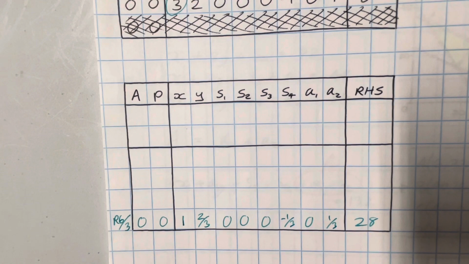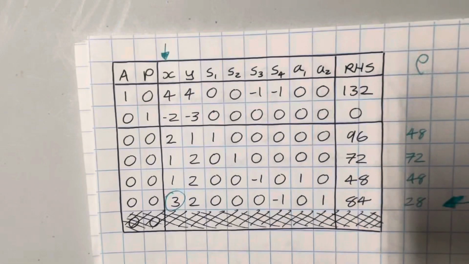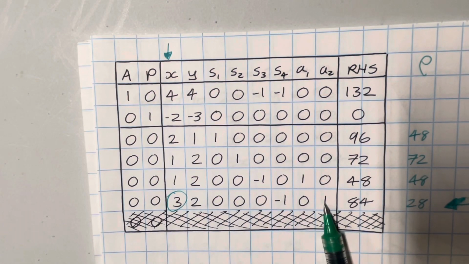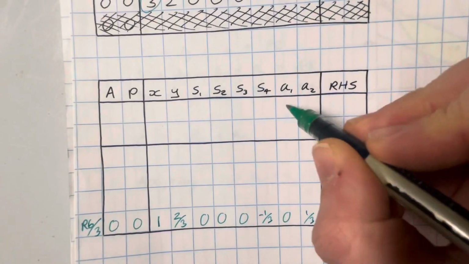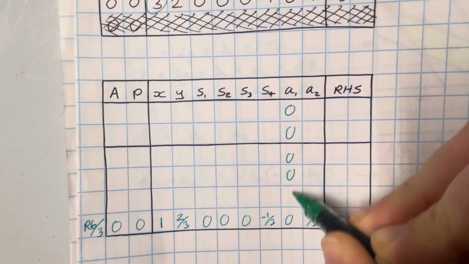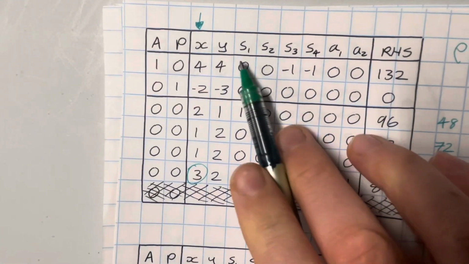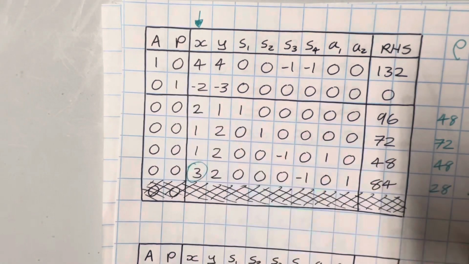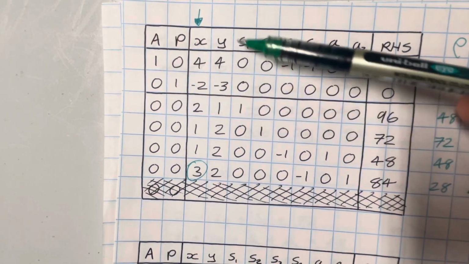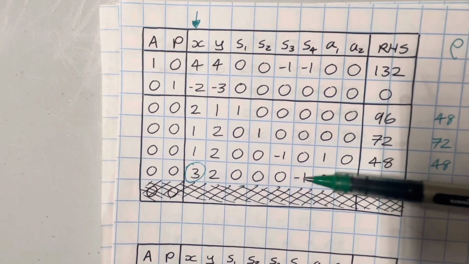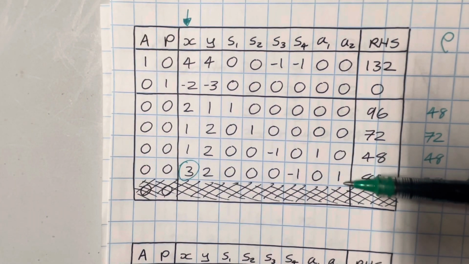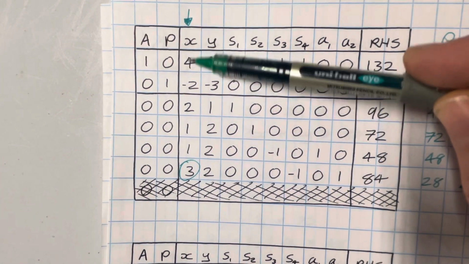We can also fill in some columns really quickly as well. Anything that was a pivot column before, except for this one, is going to remain a pivot column. So we're going to end up with A1 as being a pivot column. So 0, 0, 0, 0, 1. We've got S1 and S2, and then we've got A and P. These are the columns that contain 1, and everything else is a 0. This one moves to there.